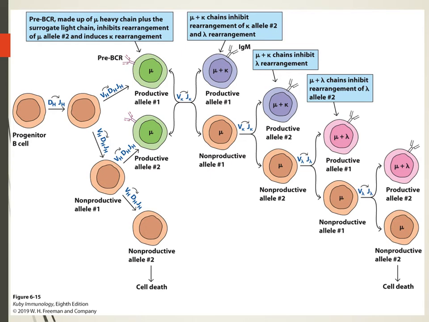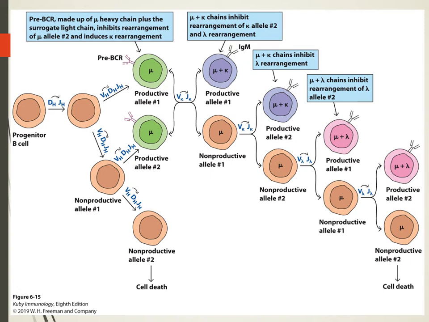If it's non-productive, so if that fine-tuning of the light chain doesn't produce a good B cell receptor, then again we would end up having apoptosis. There are chances of rearranging and trying to fix it, and so that's what you're seeing in these additional, we have non-productive allele number 1, so let's go back to the drawing board and try to fix it.